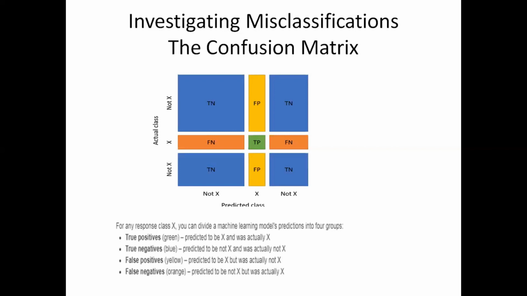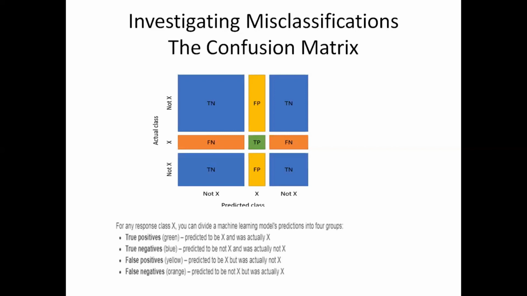Then a false positive category is where a data point does not actually belong to class X, but it has been wrongly predicted as class X. So that is a false positive result. Next, we have another category where the data actually belongs to class X, but it is predicted as not belonging to class X, belonging to some other class.